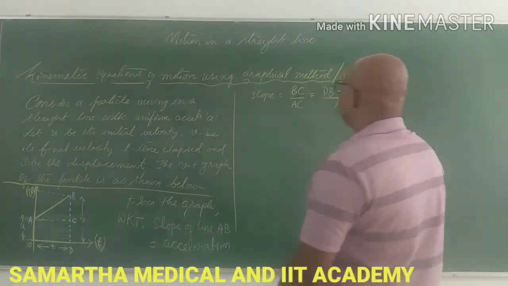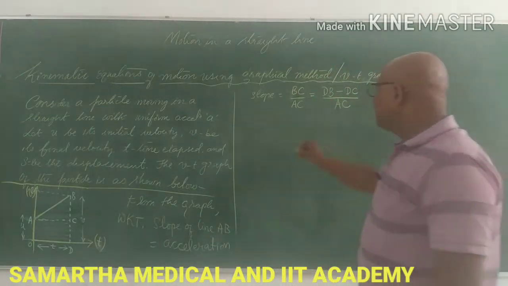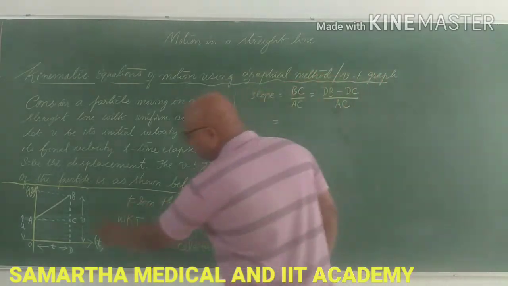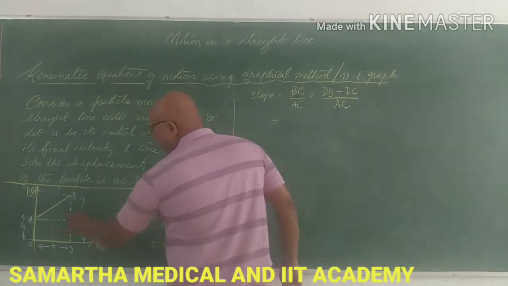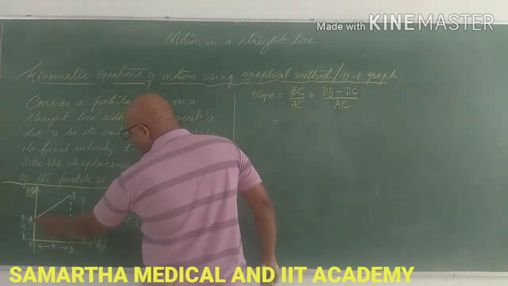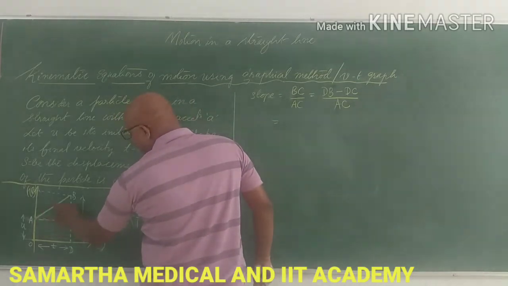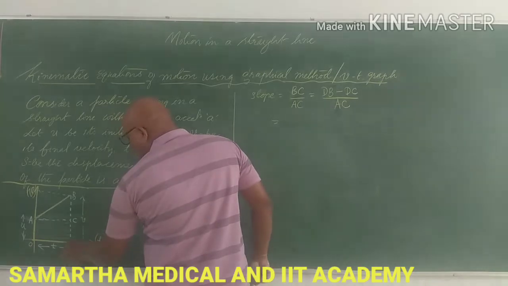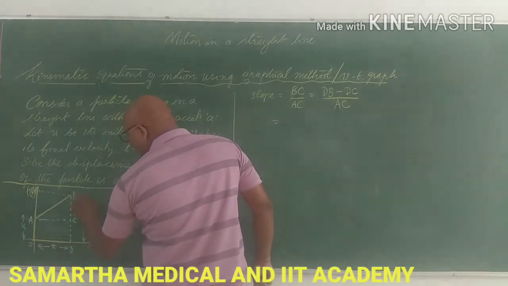Okay, and we put the corresponding terms here. What is dV actually? dV is the whole final velocity after the time t. Because initial velocity starts at u, later velocity changes after some time t, that is nothing but OD. After some time t, the velocity will be attained as v.